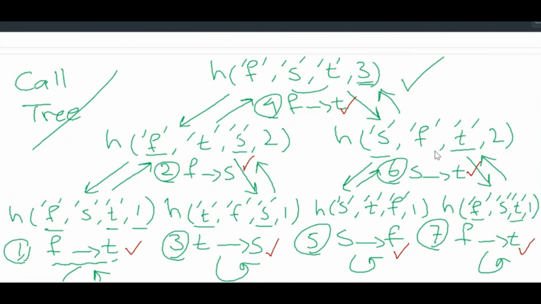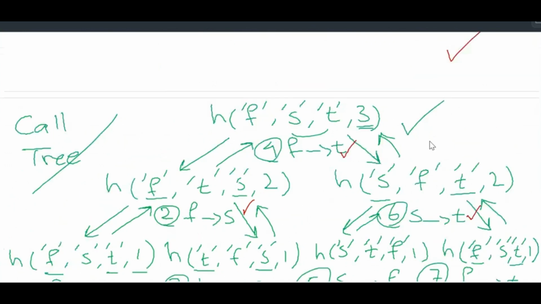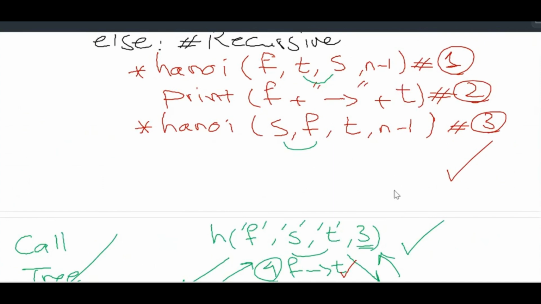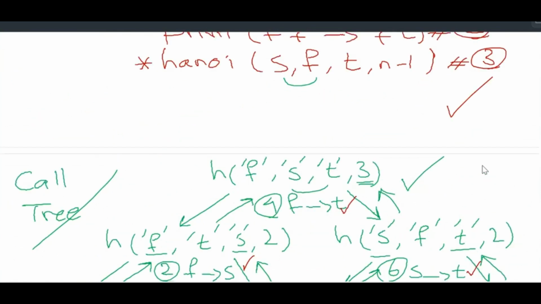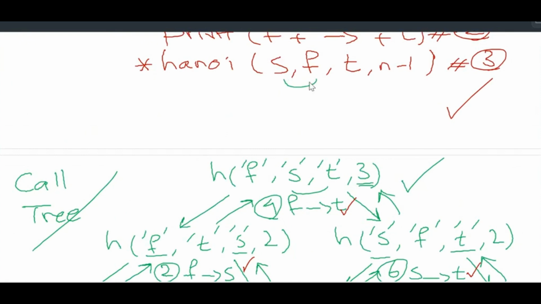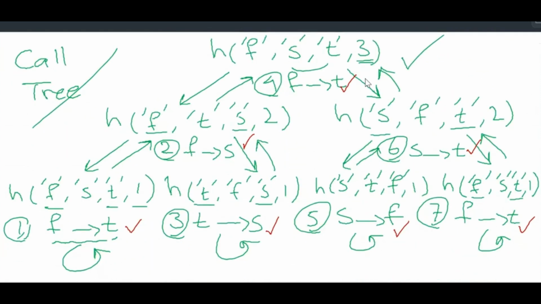When I return back to here, I print f to t again because that's the second thing. F to t is getting printed as s to t because f is s in here. And then the last thing which is done is I call it again with s and f and t. It means the first and the second are going to be swapped. So it's going to be f and s instead, and t and 1. And now you're going to be printing f to t and return and return and return and done.